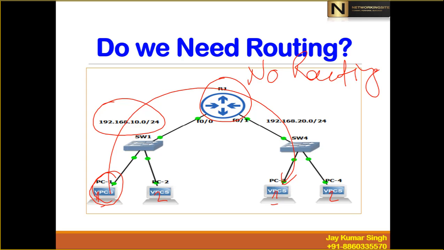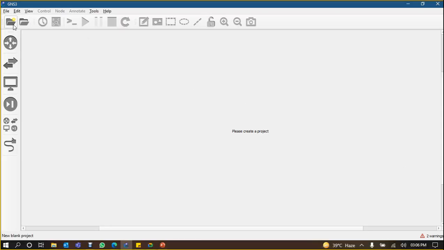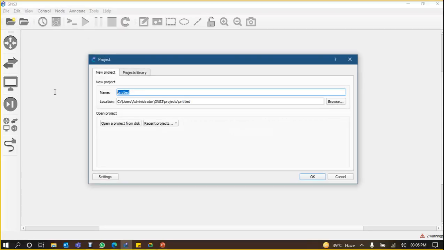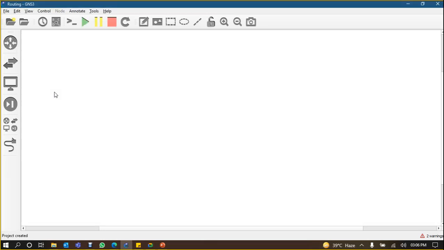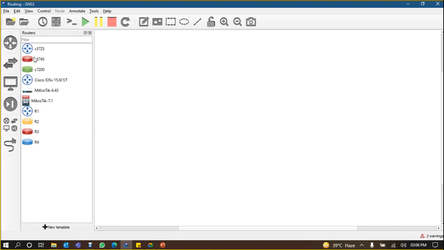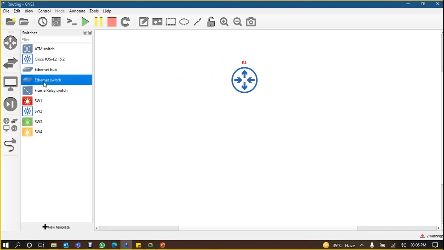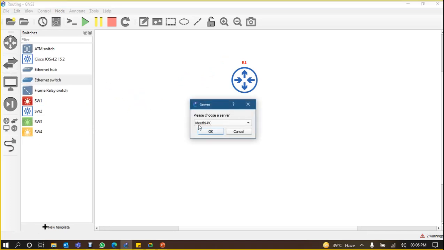Okay, so let's open this lab. Here we can take one router, and one Ethernet switch.